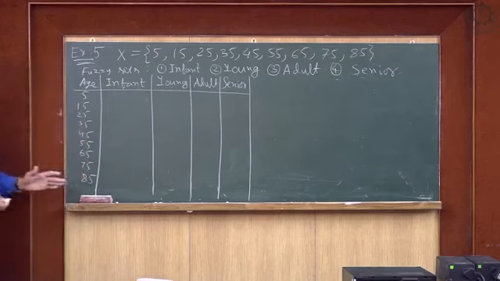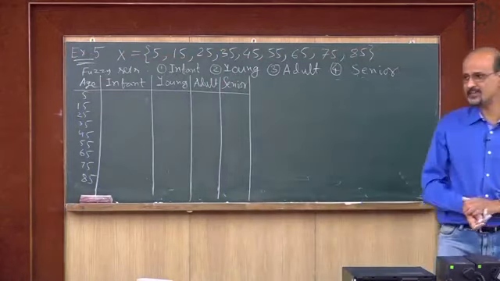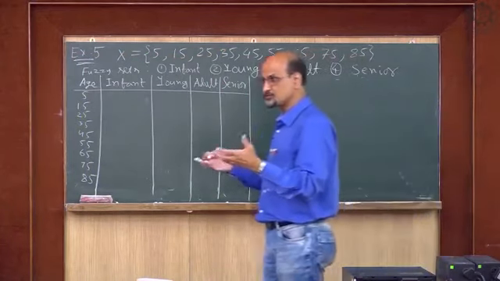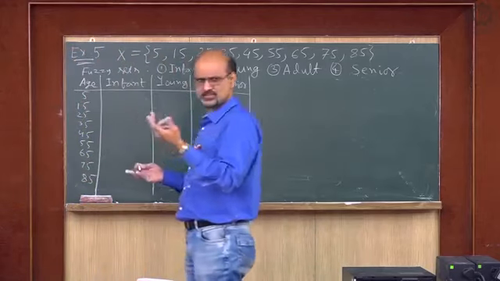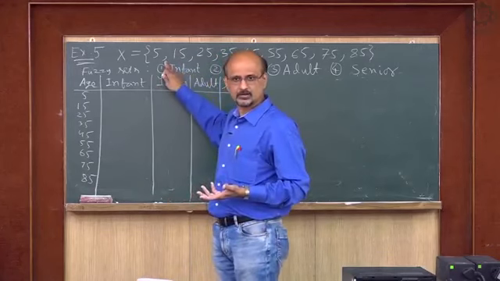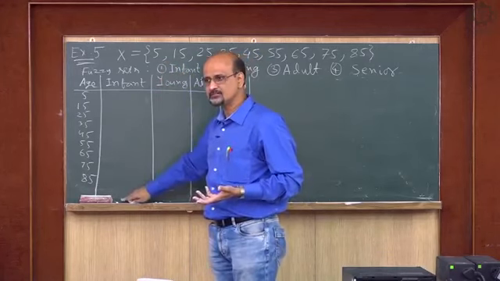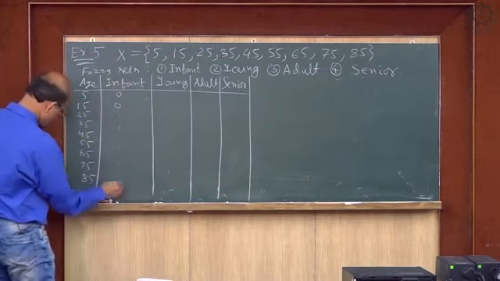These are the ages. Now take the infant fuzzy set first and place the membership values as per your choice. For infant, we say 0, it is not there. So all the membership values are 0.